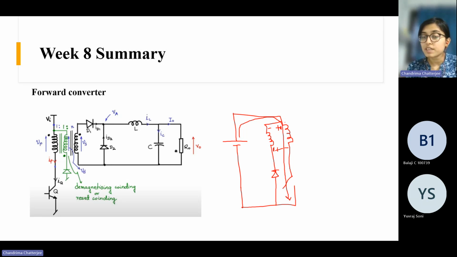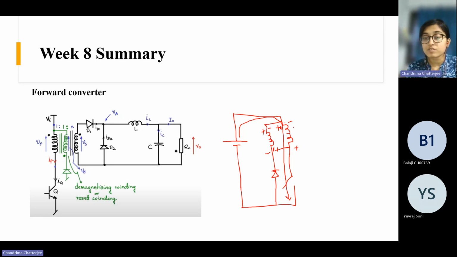So there will be some di by dt and the polarity gets reversed. It becomes positive here and negative here. So here also the polarity will be opposite. Here it becomes negative, here it becomes positive, right?